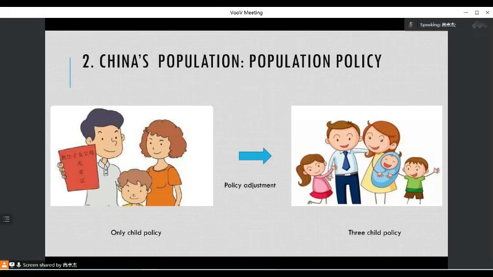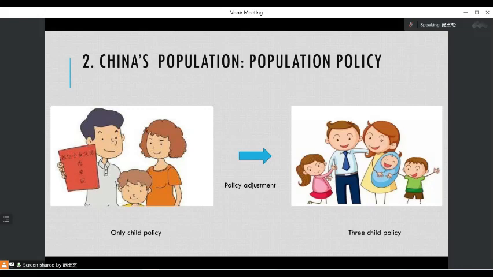For example, the government has used the mainstream media to spread the message that girls have an advantage over boys. For example, girls are better for their parents. There is a saying in China that daughters are the intimate cotton padded jacket of their parents.